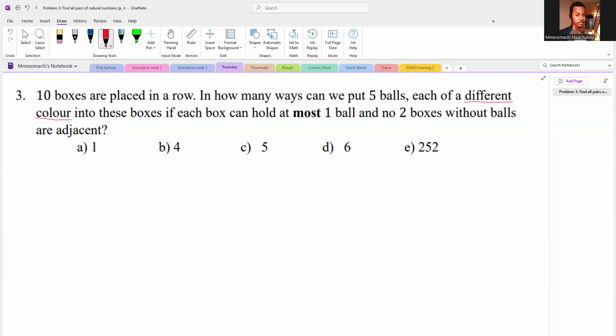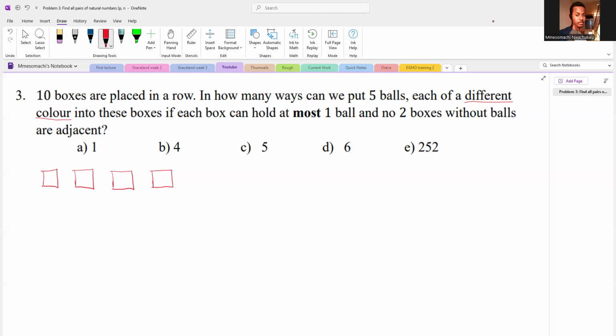So let's say we have 4 boxes, and I want to put 2 balls.